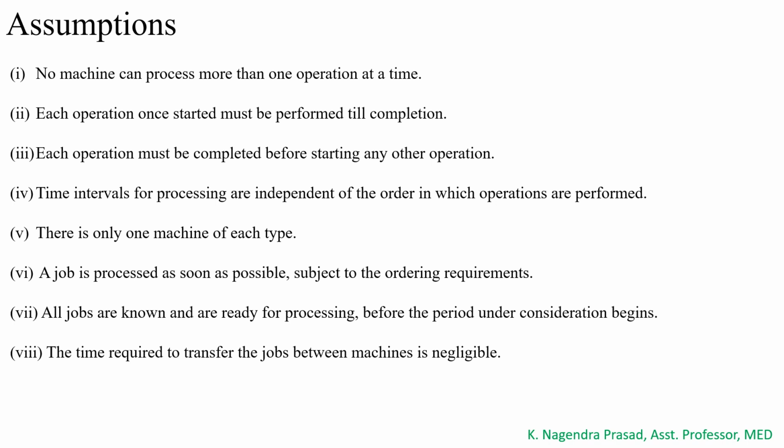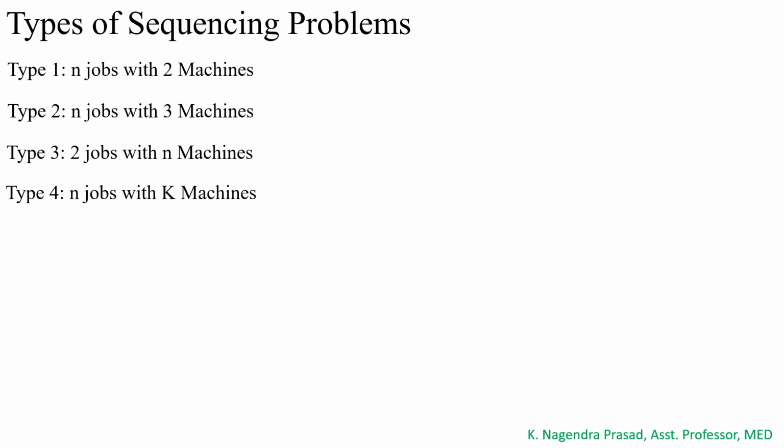So next we have to see what are the different types of sequencing problems. Here we mostly discuss four types of sequencing problems. First type is n jobs with two machines. Second type is n jobs with three machines.